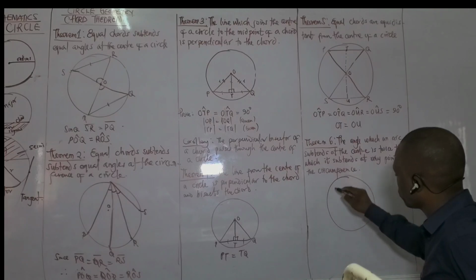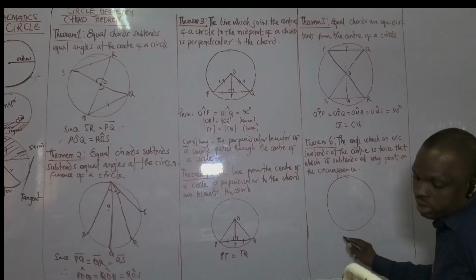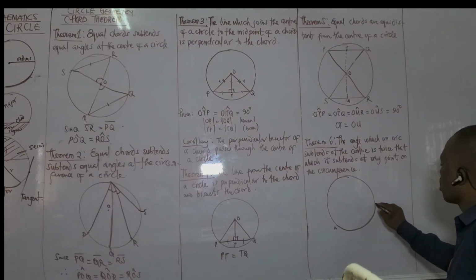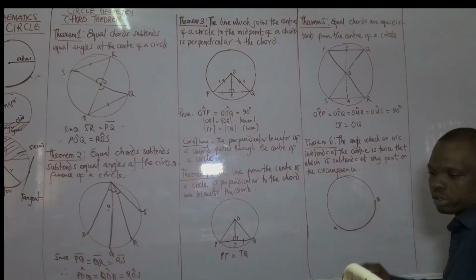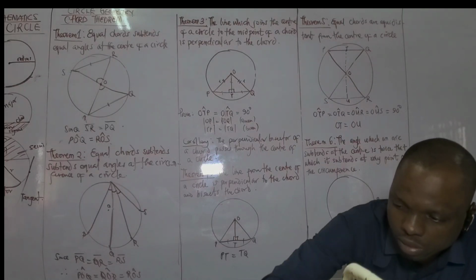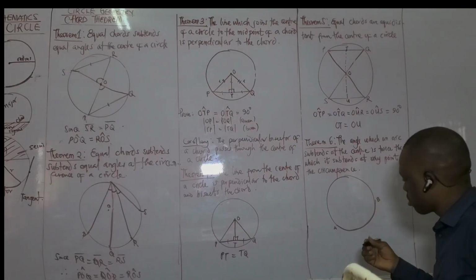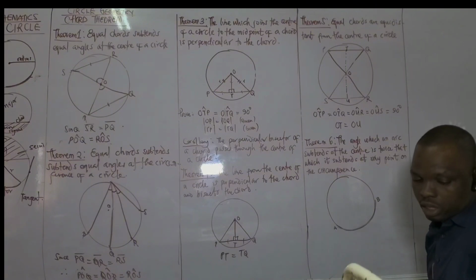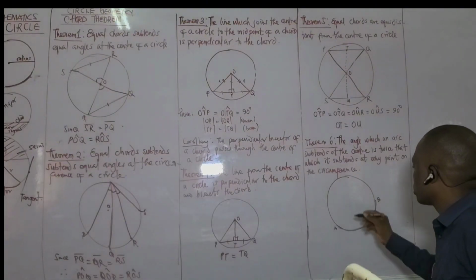So if you have a diagram, let's look at this diagram together. This is an arc AB. Okay, this is arc AB, and this is the center.